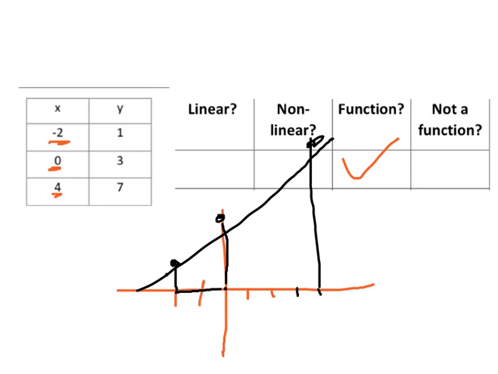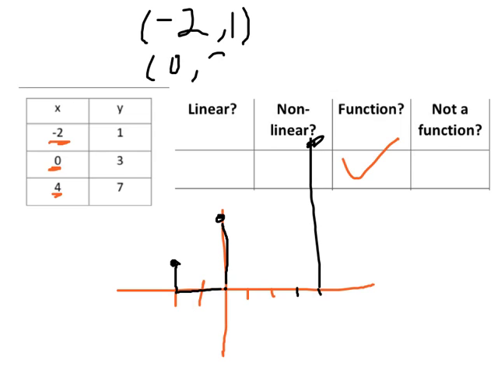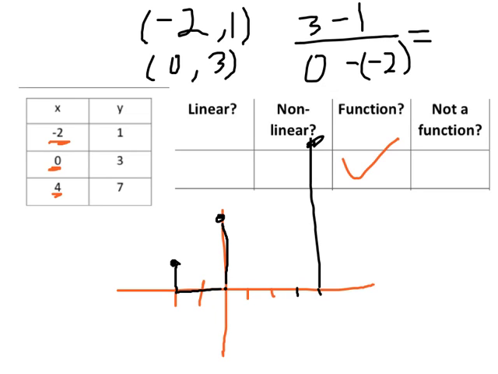We can also find our slope from 2 points. So we can pick -2, 1, and 0, 3, and find our slope using these 2 points. 3 minus 1 over 0 minus -2 will give us 2 over 2.